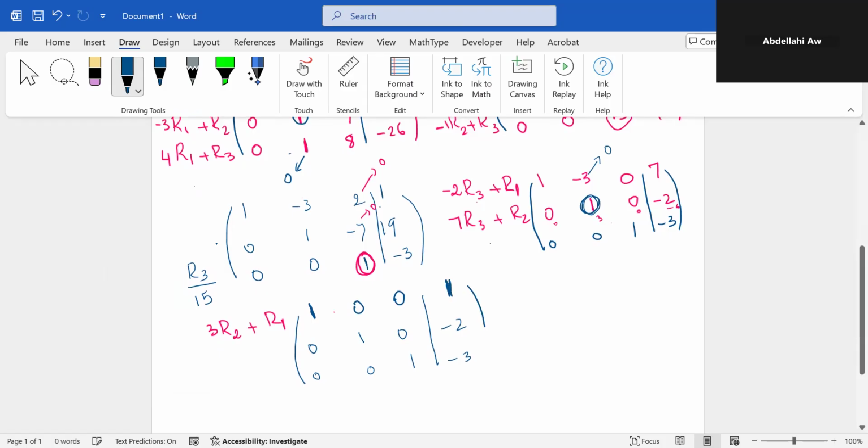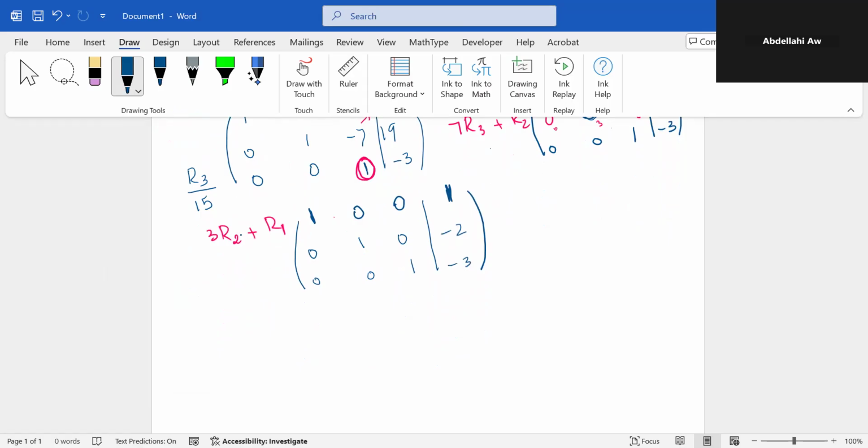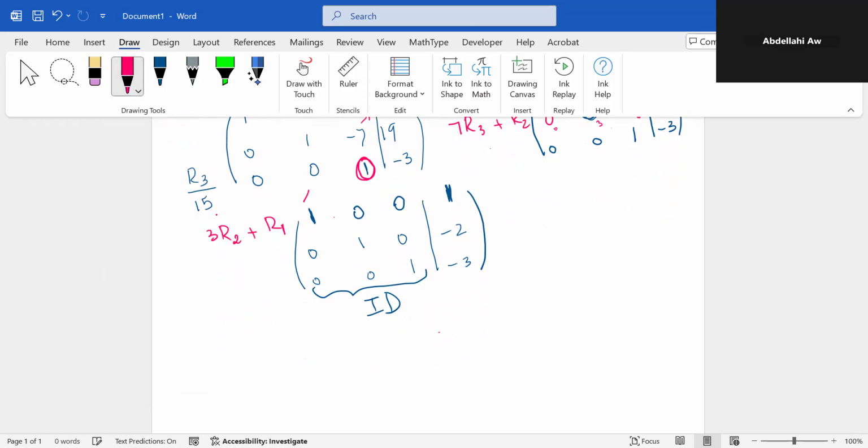You see, this is Gauss-Jordan. This has to be the identity, if possible. Now I'm done, because how am I going to use the answer? The first column is the column of the x's, the second column is the column of the y's, the third column is the column of the z's.